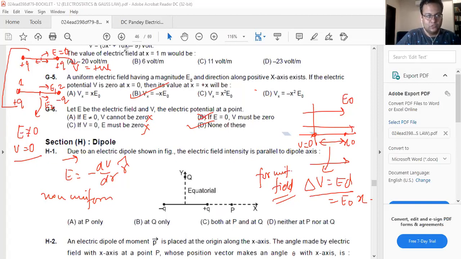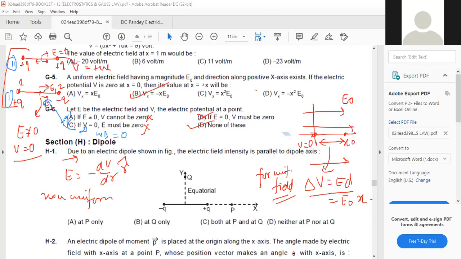If we bring a third charged particle here, will we have to do work or not? In the first case, if I bring a third charged particle from infinity to this point, will I have to do work? Potential is zero, so work done will be zero. Okay, the work done in the journey will be zero.